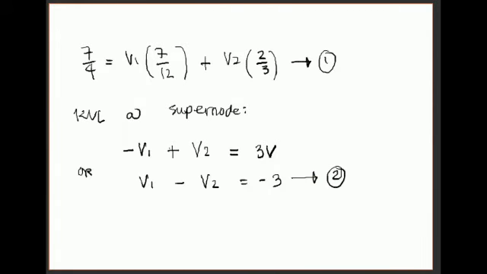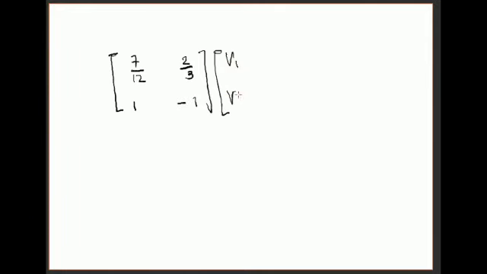Now we form the matrix. We have 7 over 12 and 2/3, 1 and minus 1, equals V1 and V2, and this is 7 over 4, our first constant, and negative 3, our second constant.